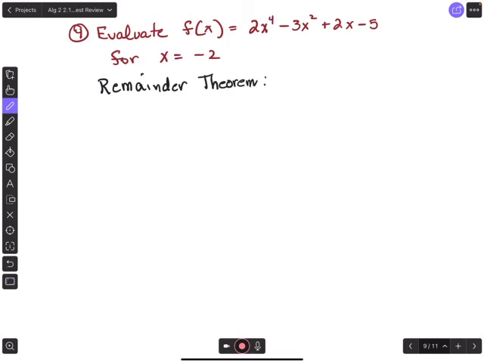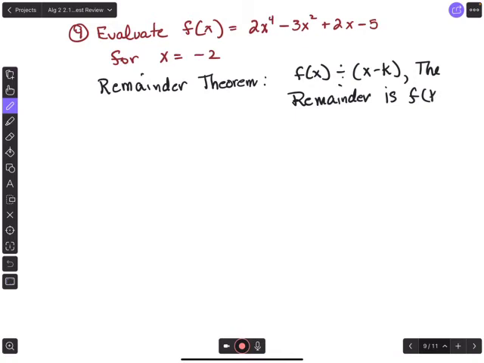And the remainder theorem basically says, if you take f of x and you divide it by x minus k, the remainder is the f of k.